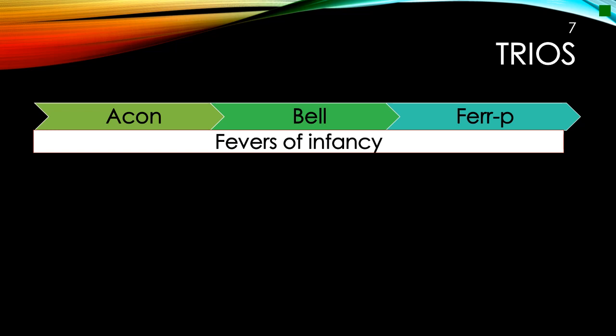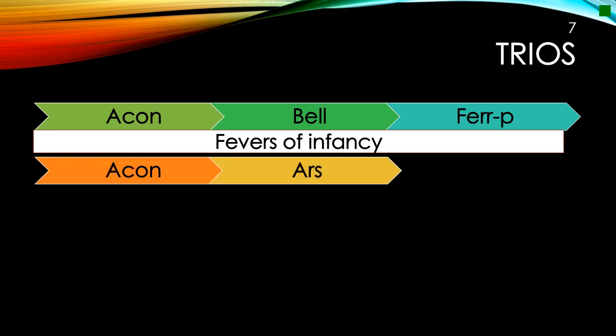So Aconite would be at the very first stage, and you can't use Aconite very late in the treatment. That is followed by Belladonna and then followed by Ferrum Phos. We'll be considering these 3 remedies. Those of you who have done the course on biochemical remedies will recall the action of Ferrum Phos.